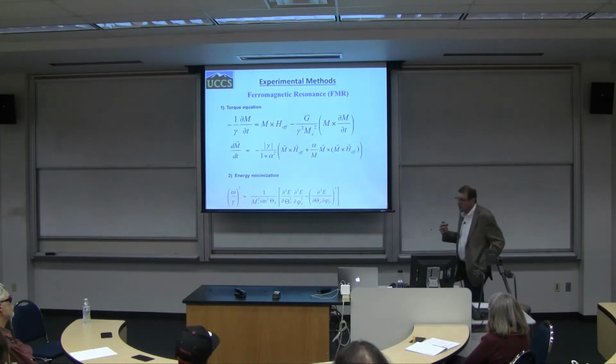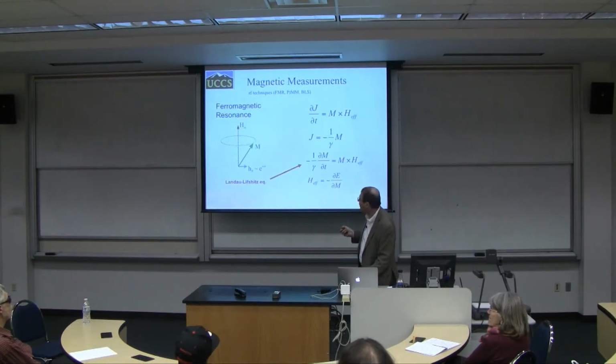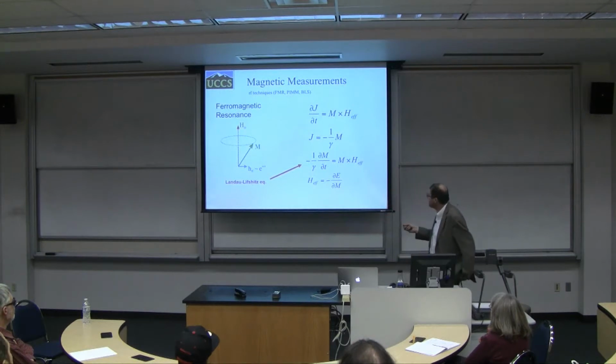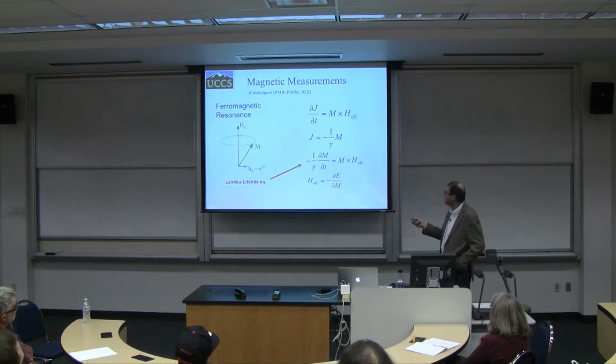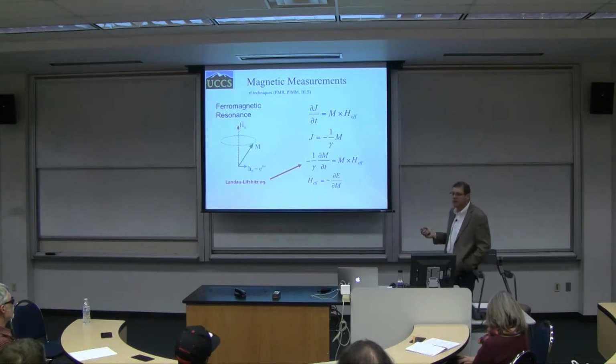In other words, when we have this precession and I'm driving the system in, this thing is going to oscillate. But if I'm delivering more and more energy, it's going to precess with a bigger and bigger angle. This is not what is actually happening in the system.